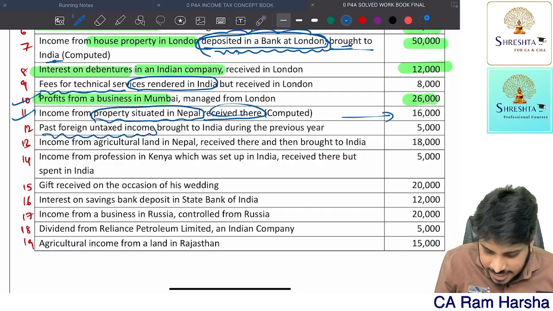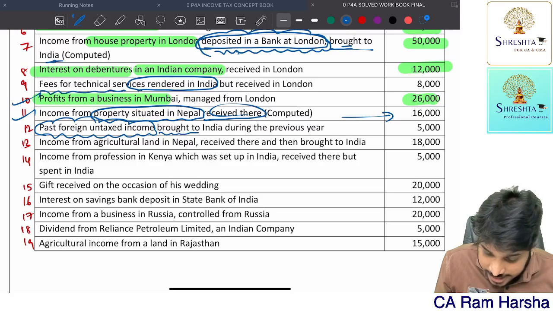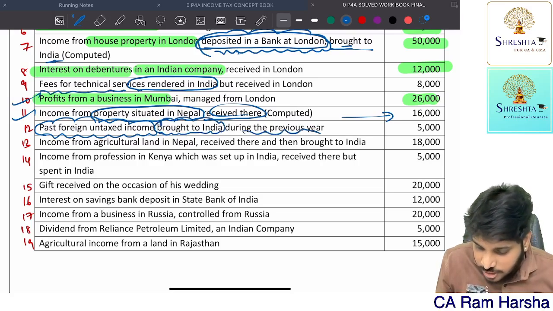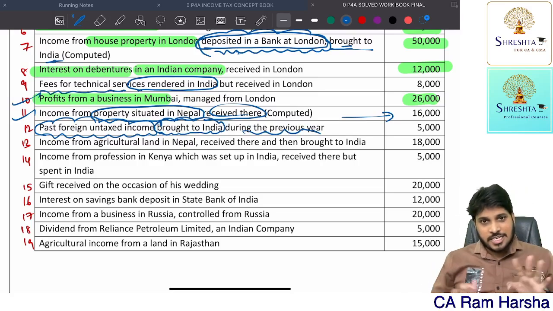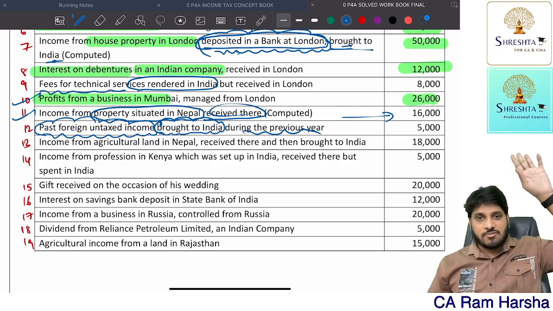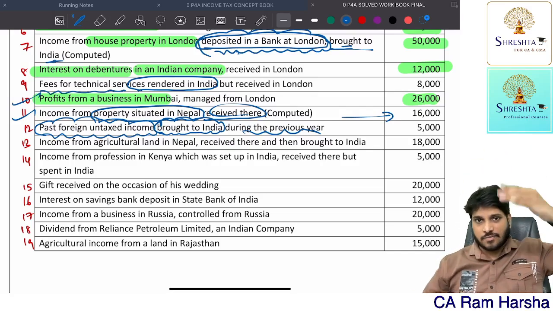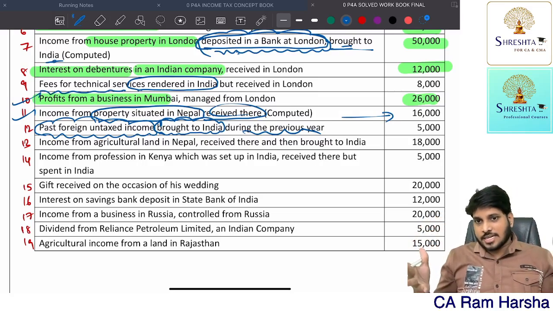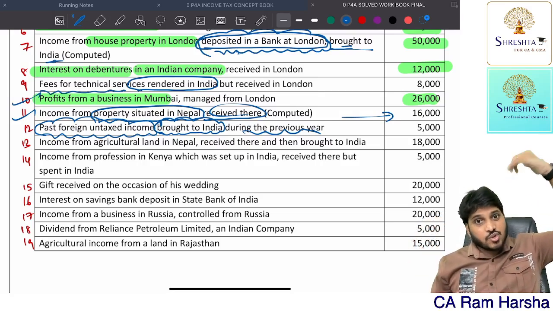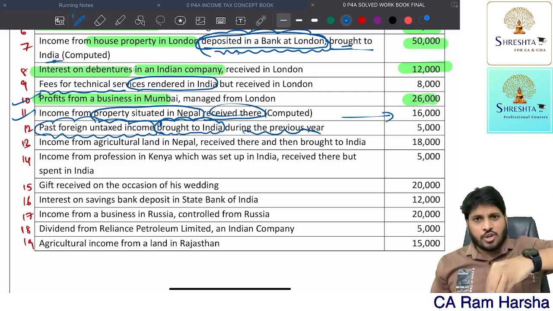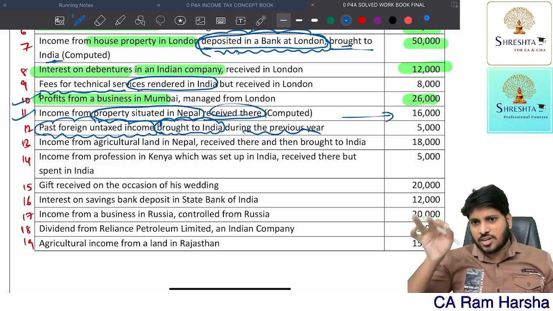Past foreign untaxed income brought to India during the previous year. This is not current year income. That is past year income. That will be taxable in that assessment year itself. In this assessment year, it is generally not taxable. If any past untaxed foreign income is brought to India, there is no provision in the income tax law taxing that.